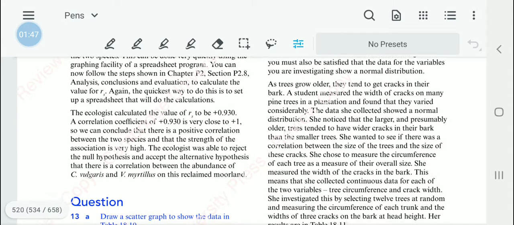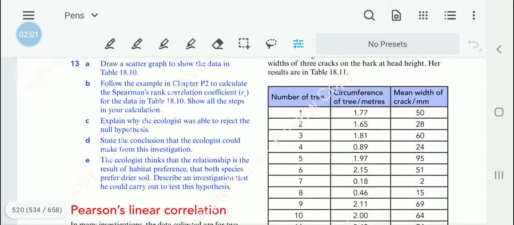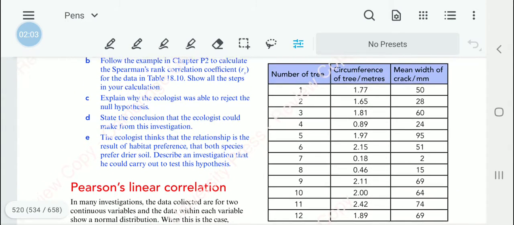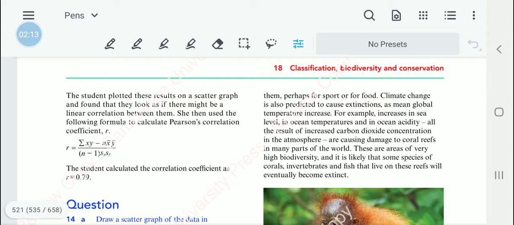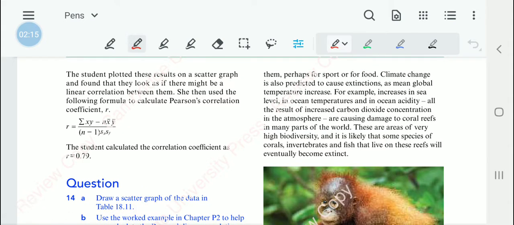Here a test was done to find out if there is a correlation between the cracks on the bark of a tree and its circumference or size. So these measurements were taken: the circumference of the tree and the mean width of the crack, and to find out if there is a correlation, this particular equation has been used.